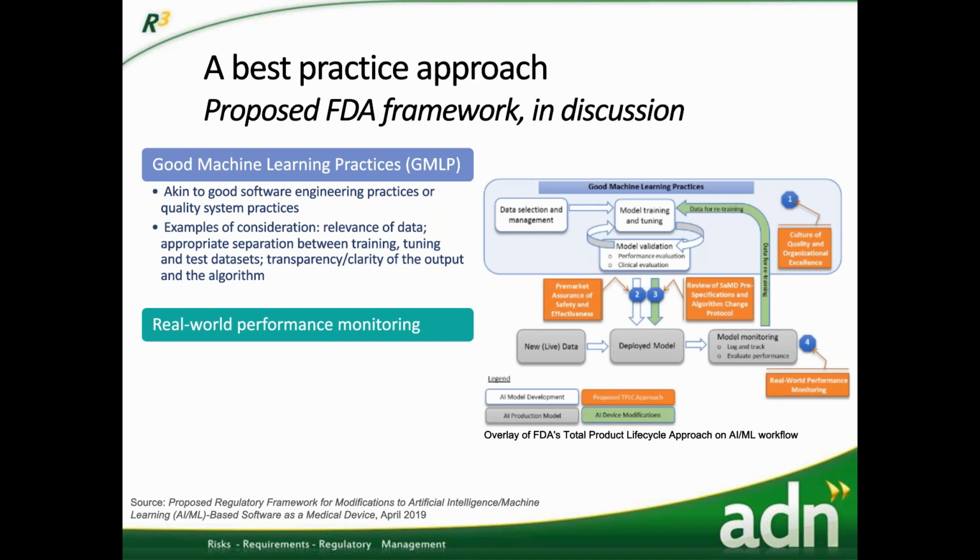And with time, it could be a concern for our cognitive bots. The FDA has emphasized what you can call the good machine learning practices. This is akin to the good software engineering practices and quality system practices, focusing, as we've seen before, on the relevance of data, how to manage the data sets, and also on being transparent.